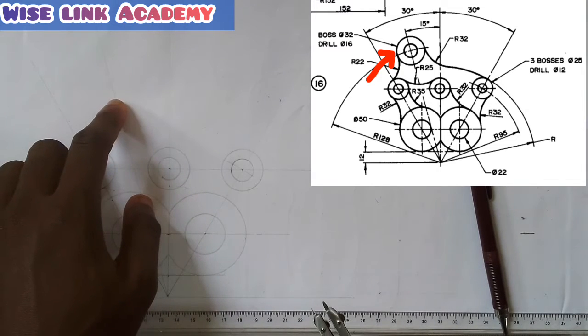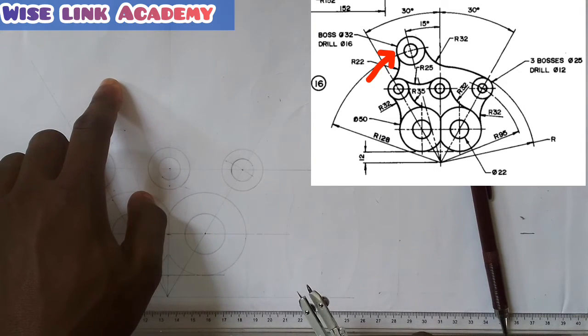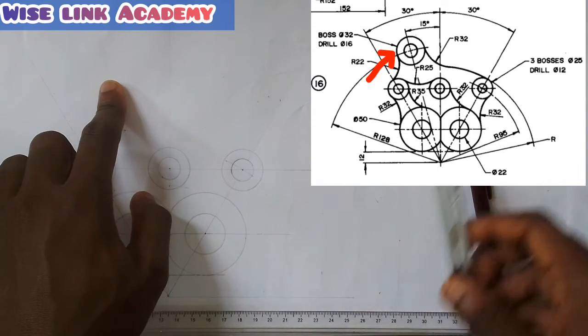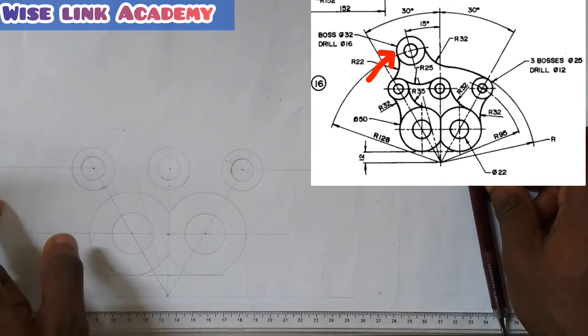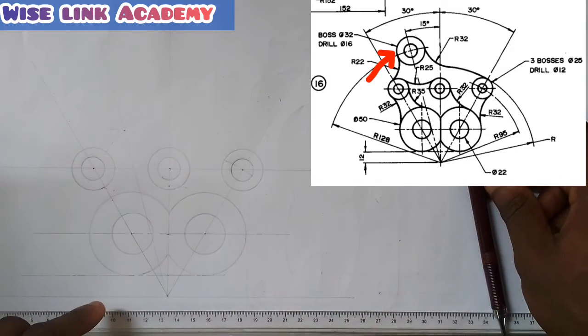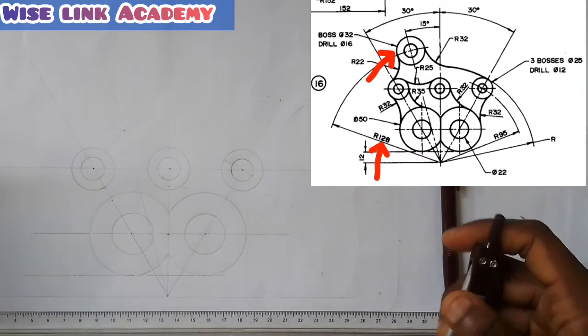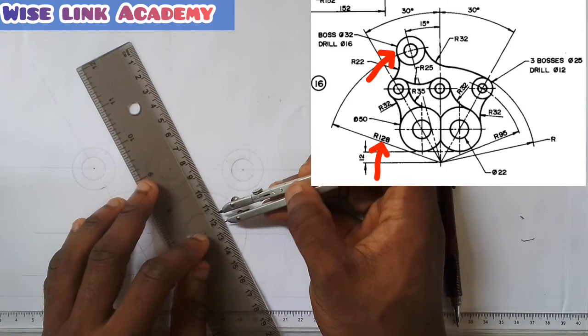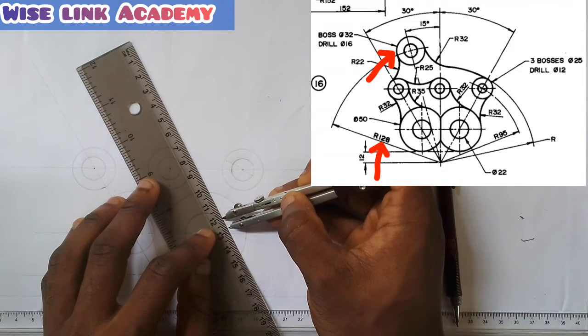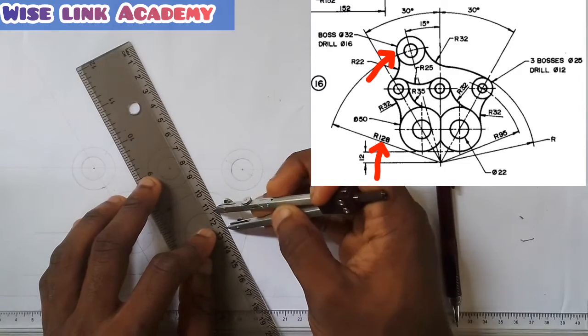That circle, the center is from that angle of 15. So we're going to measure what? There's an arc that comes through this point and goes of radius 128. So measure 12.8. 12.8 is from this point here to this point is 12.8.